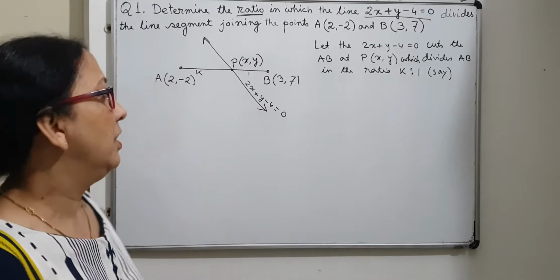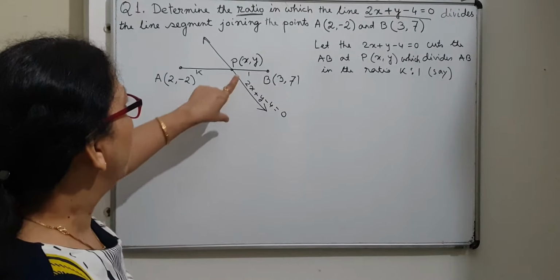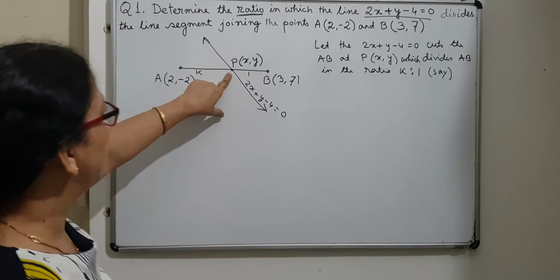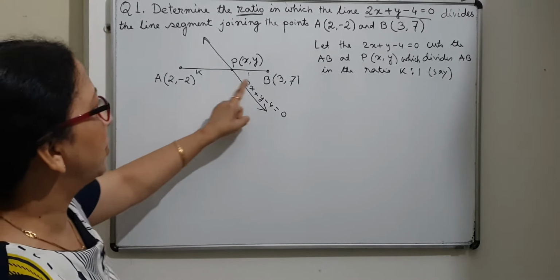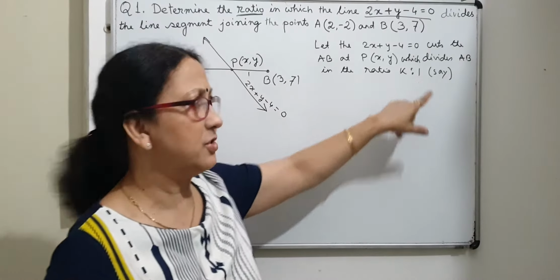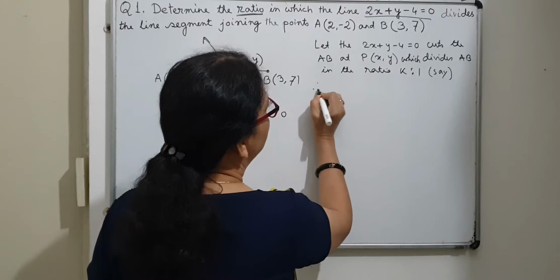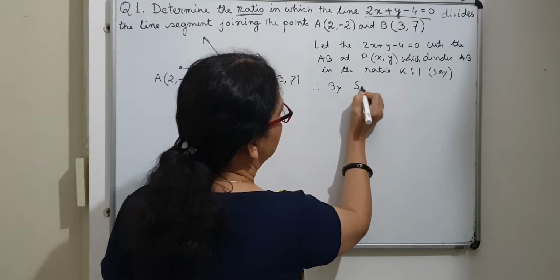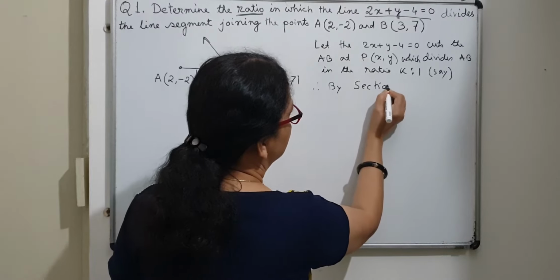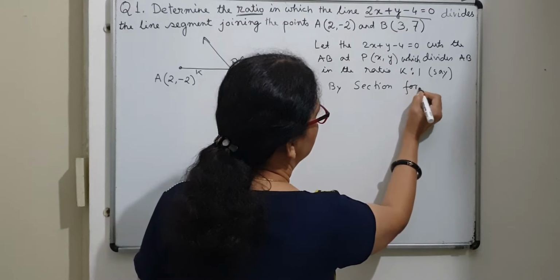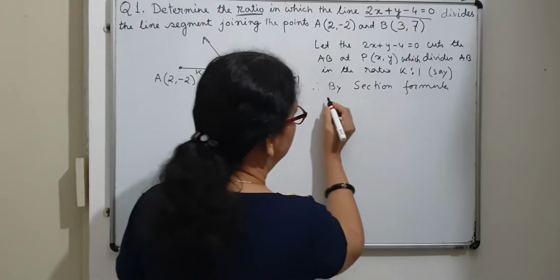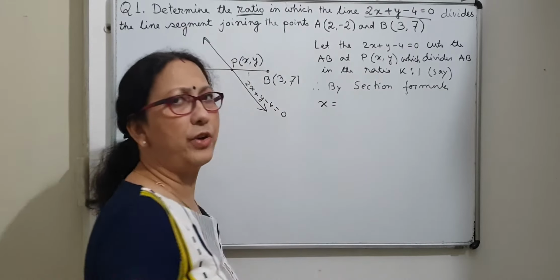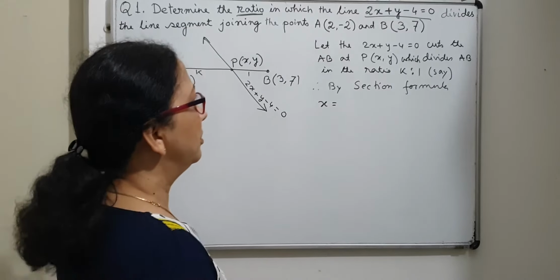So you have understood. Now since we know P divides AB in the ratio k:1, we can apply the section formula. So therefore by section formula, let me write it down again, and you should always write the formula in the exam also.